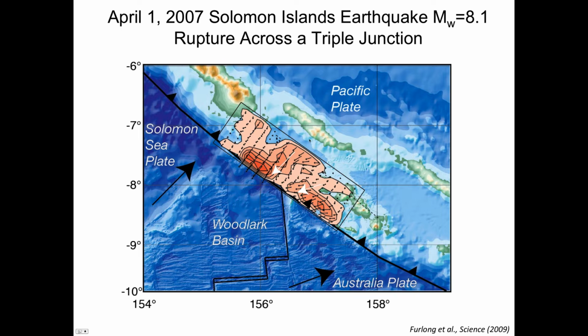There's a slabless window that opens up from this triple junction point due to the divergence of the Australian and Solomon Sea plates. Here you had a rupture at shallow depth go right across this region. This is very tsunami-genic. The rupture extends up to the trench, and that's even more forcefully reinforced by analysis of the tsunami signals. We were just analyzing the seismic signals at the time.